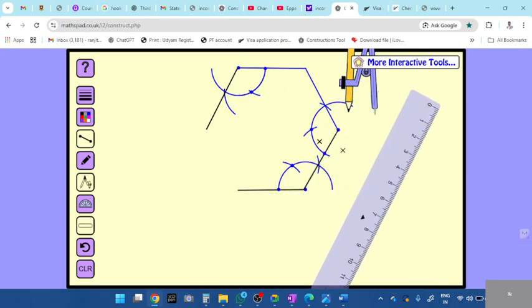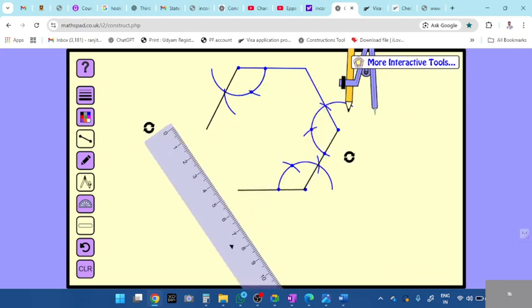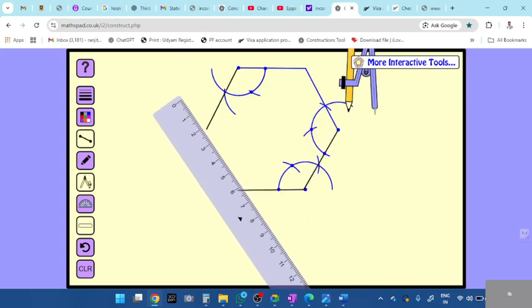See, these three are enough. These three things are enough. One, two, three, four, five. Yes, only three constructions are enough. Just join this line.